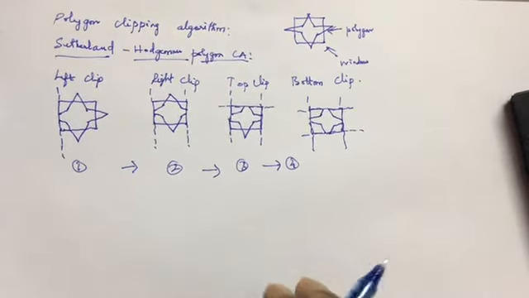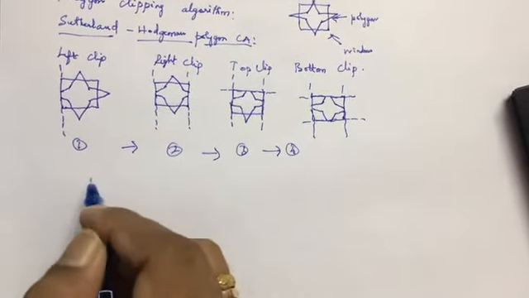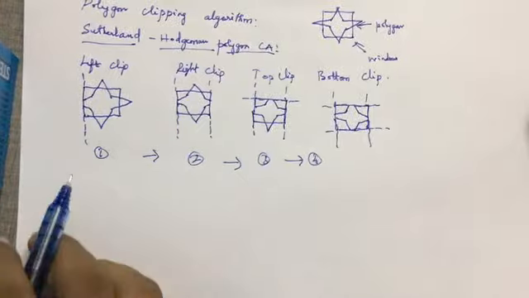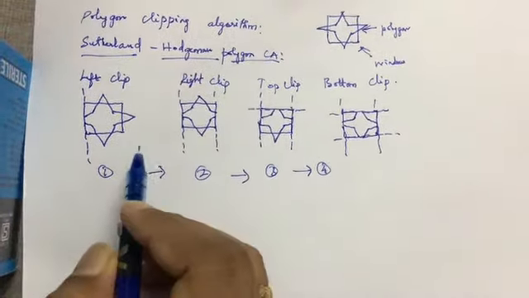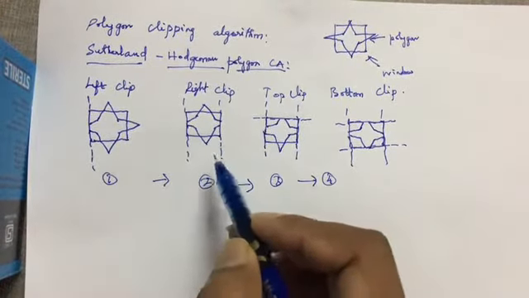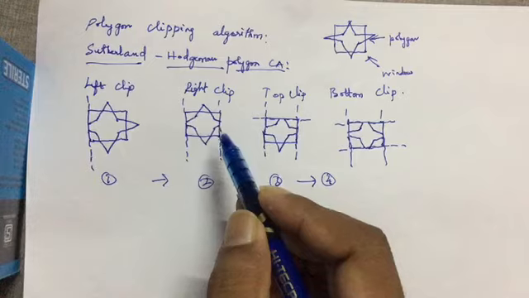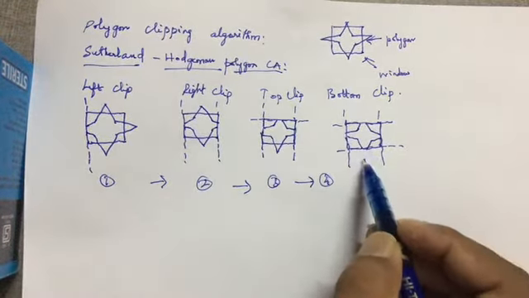For this there are 4 cases to be followed. So how is the line clipped? On each step, this line is clipped on the first step, and consecutively the second one, the right side is clipped, then the third one the top, and the fourth one the bottom.